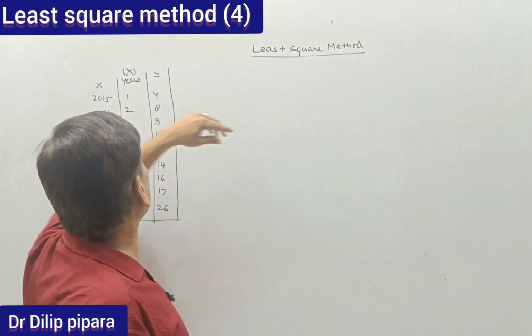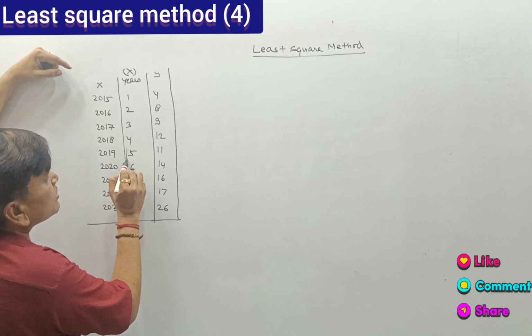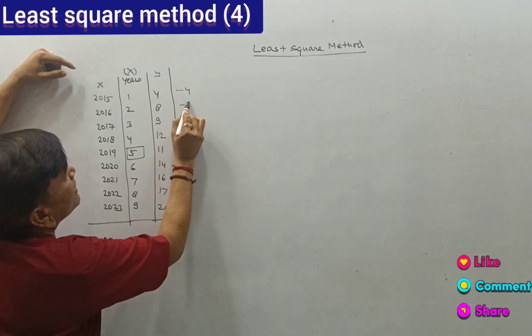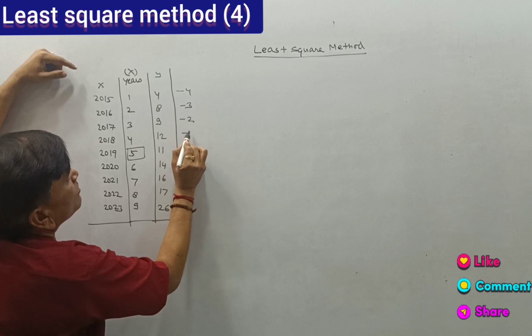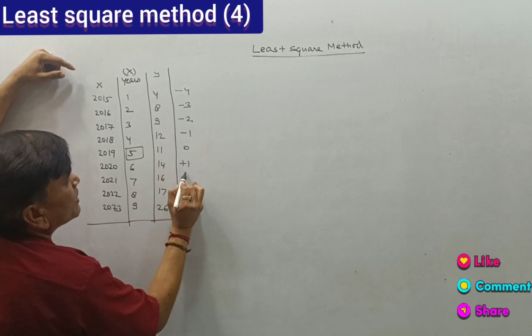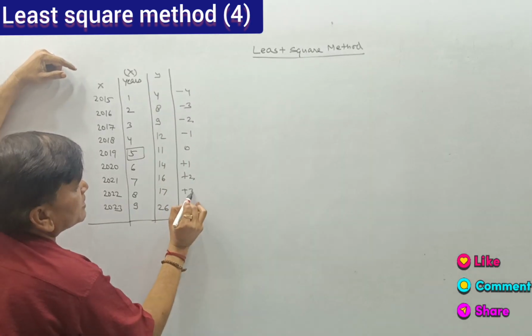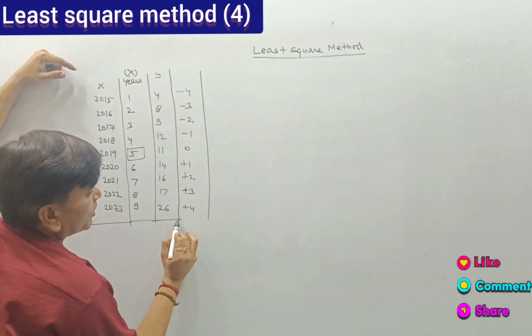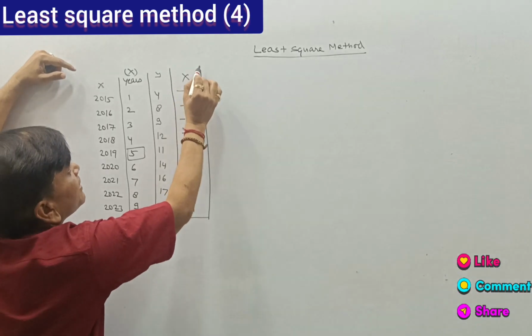In the odd number case, just go to the middlemost number and get -4, -3, -2, -1, 0, +1, +2, +3, +4. In case of an odd number, you need not write anything else.